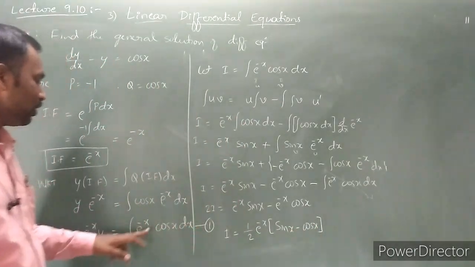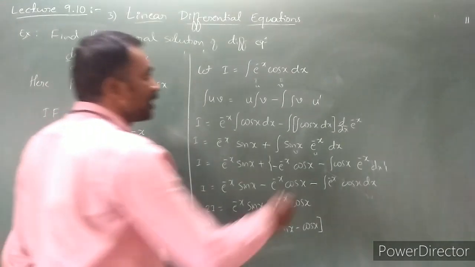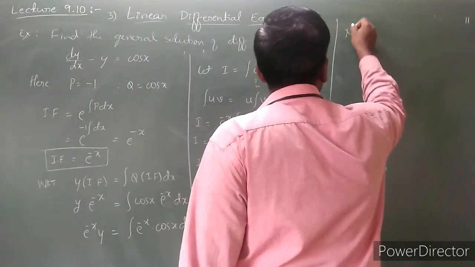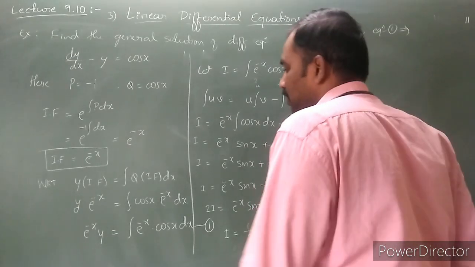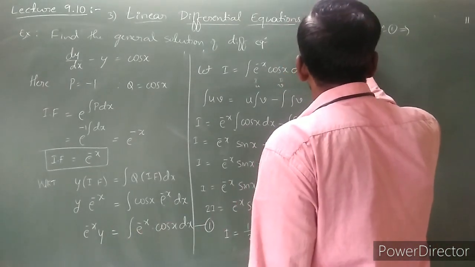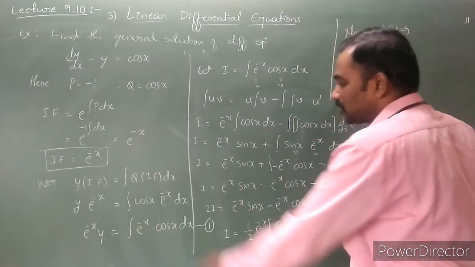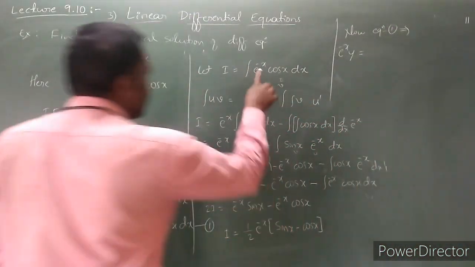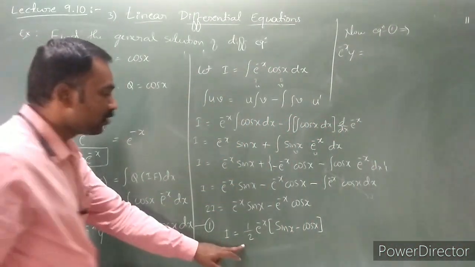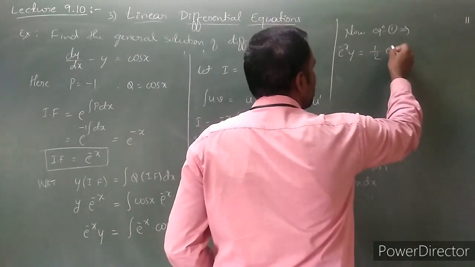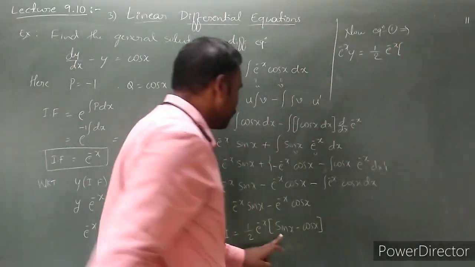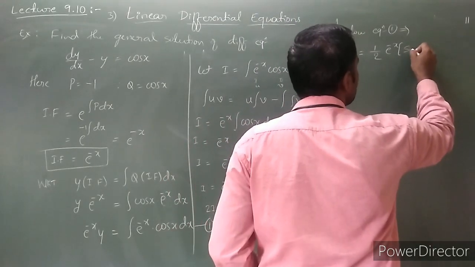Replace this I value in the equation number 1. Now the equation number 1 implies e power minus x into y is equal to integration of e power minus x cos x, value is how much? 1/2 into e power minus x into sin x minus cos x.